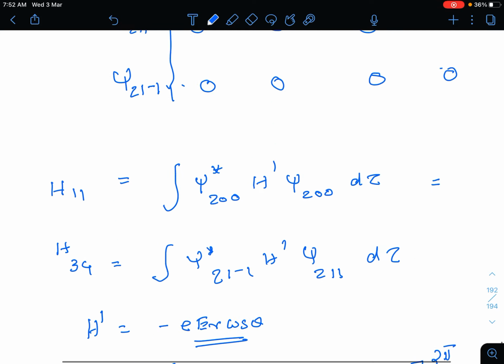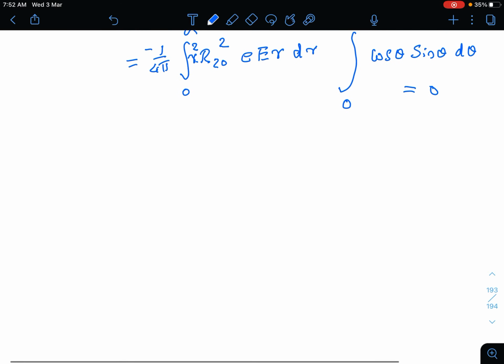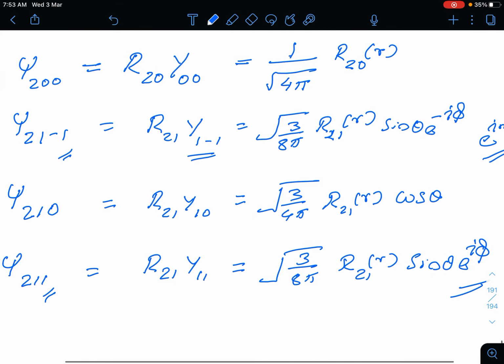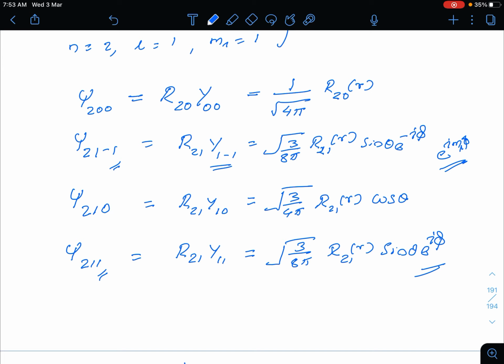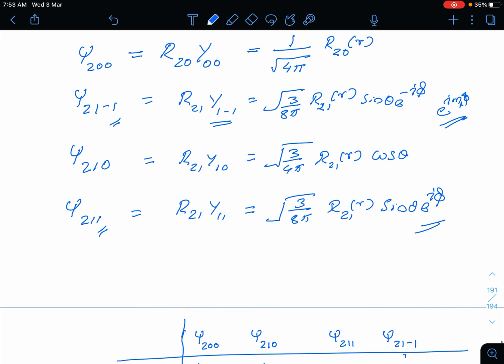Next, let's consider the other element, that is the integral psi 210 star h dash psi 210 d tau. And of course, what is psi 210? You have a cos theta here, root 3 by 4 pi.